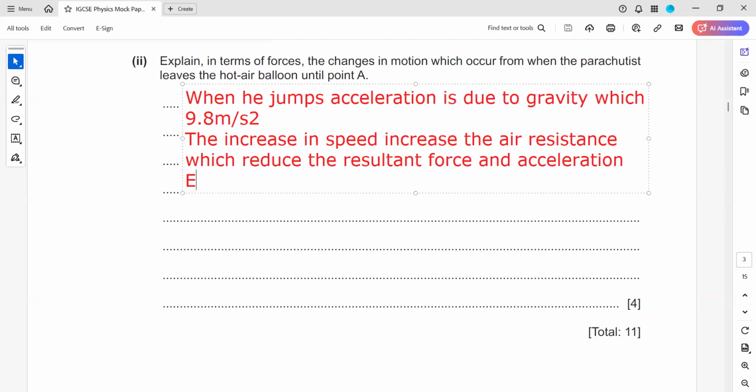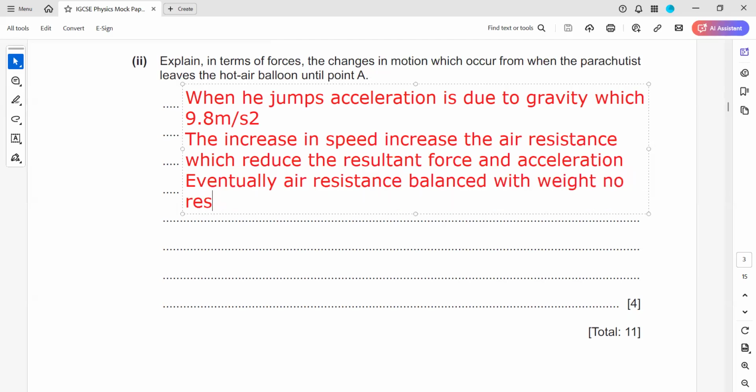And eventually what will happen? Air resistance balanced with weight, no resultant force acts on the parachutist.